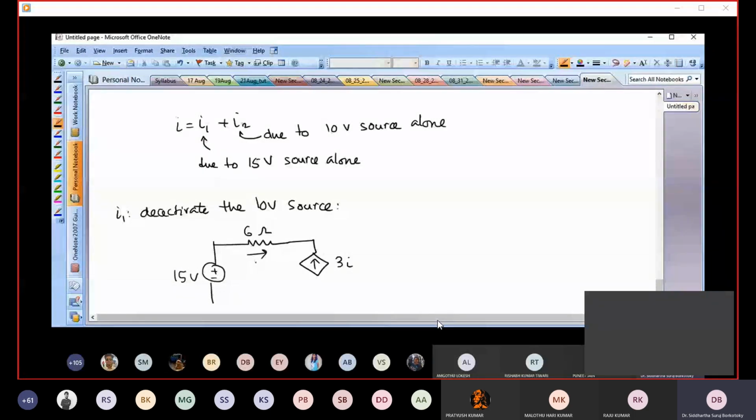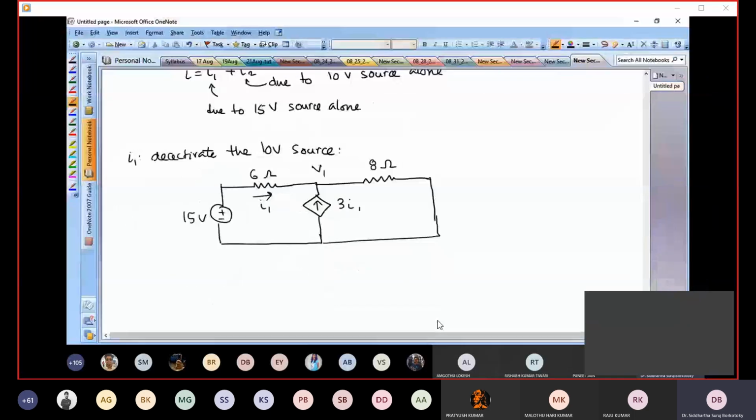But now let's call I equals I1, because we are looking at not the same circuit, but just a part of the original circuit. Let's call this V1. Let's call this 8 ohms. And then I just short circuit this part. Initially here was that 10-volt source. I short circuited it. So this is what I have.